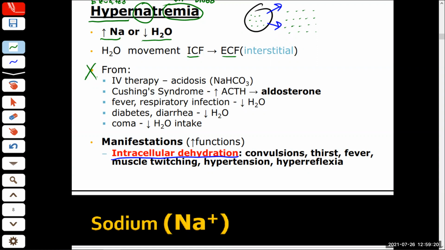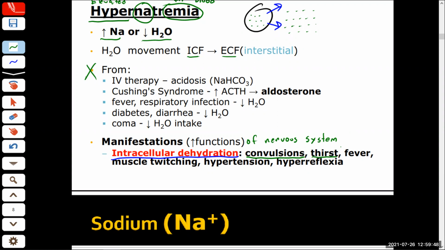Manifestations, signs, symptoms: increased functions of the nervous system. So think about your nervous system being overactive. We're going to see convulsions, seizures, thirst. You're going to become thirsty.